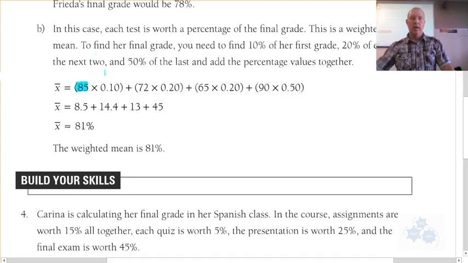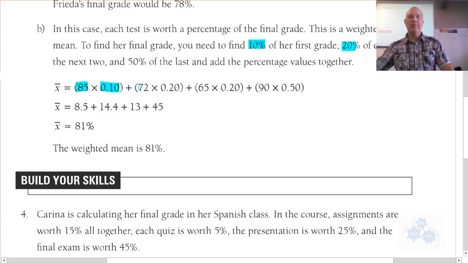Thank you. All right. So 85 is worth 10%. So look at what they do. They take this raw grade, 85, and they multiply it by the decimal form of its weight. It's 10% of the grade, so take 85 and multiply that by 0.1. Then the next 2 tests were 20%.